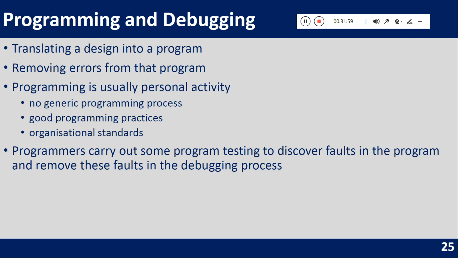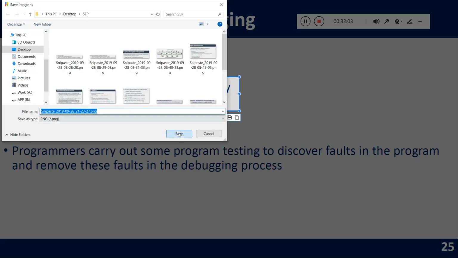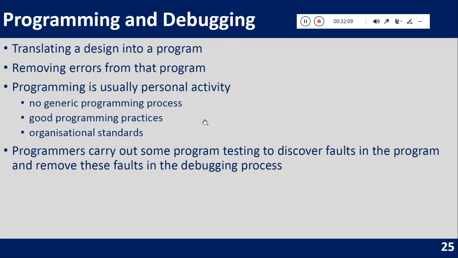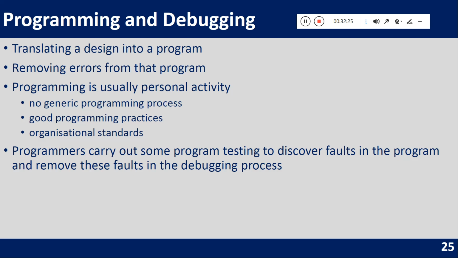I'm not very sure what that means. Programmers carry out some program testing to discover faults in the program and remove them in the debugging process. So the implementation is mainly about programming and debugging.